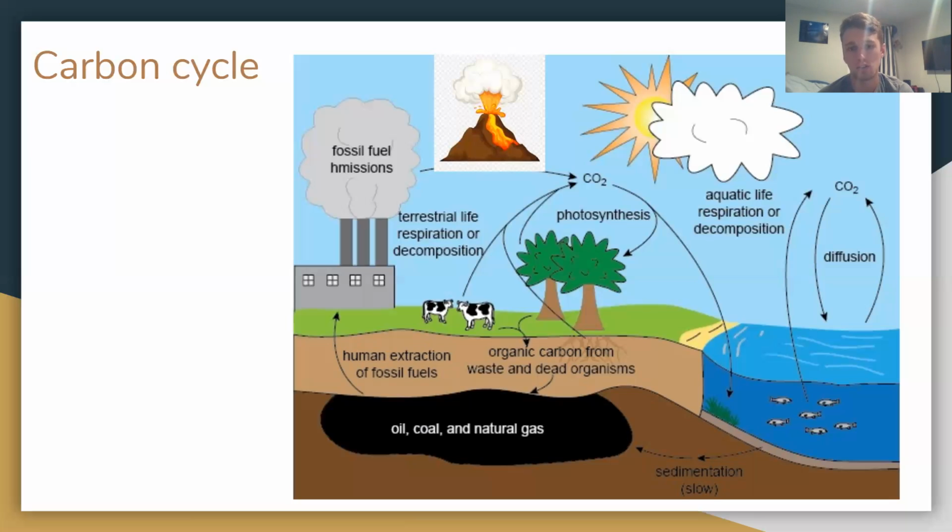We also get not necessarily oil and coal and natural gas, but we get carbon dioxide, as I said earlier, from volcanic eruptions that happen. And this is supposed to, I think I exited or blanked this out because it's obviously fossil fuel emissions, which it should be.